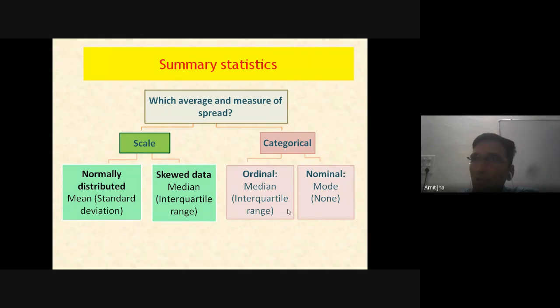For example, if there is a data set of thousands of values, there must be an average value around which the other values lie. That central value can be the mean, median, or mode. So this is called measures of central tendency.